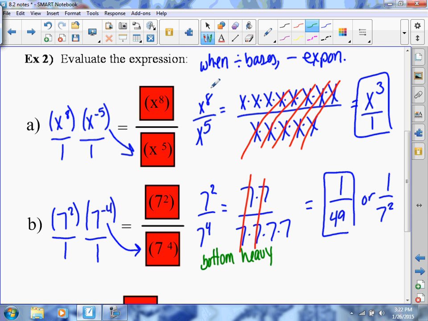And for part A, we had more in the top, so I like to call that top heavy. So you can still subtract 8 and 5 and know that you're going to have 3 left over, but those 3 are going to be left over in the top because it's top heavy. You had more in the top to begin with. So your answer will have that exponent in the numerator.